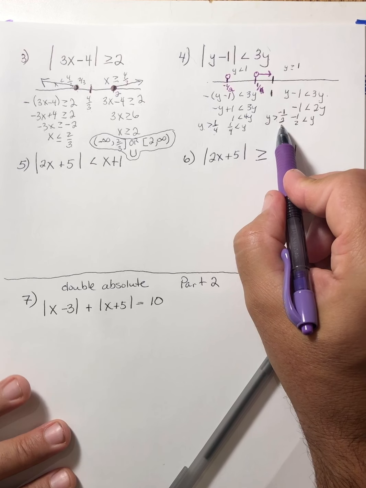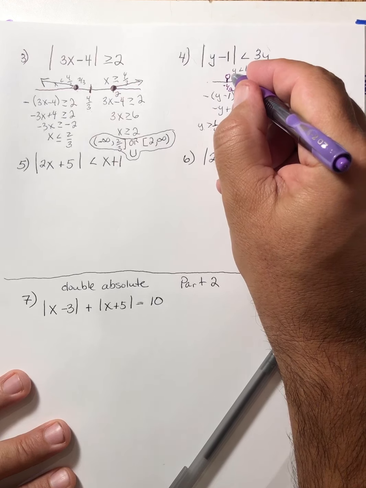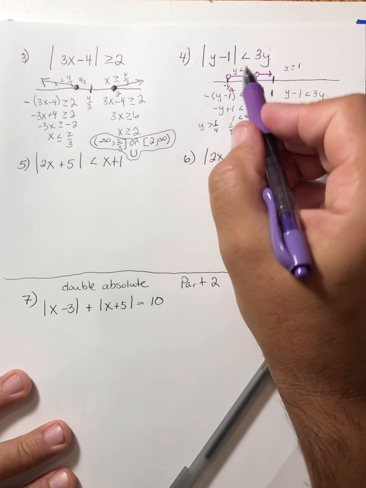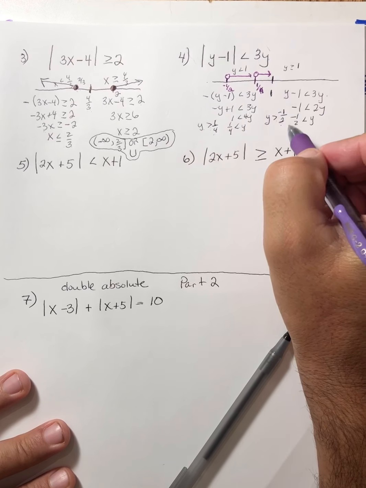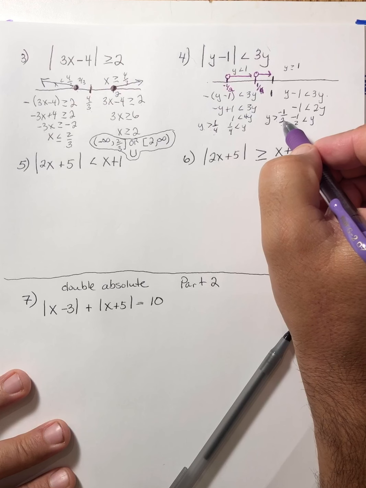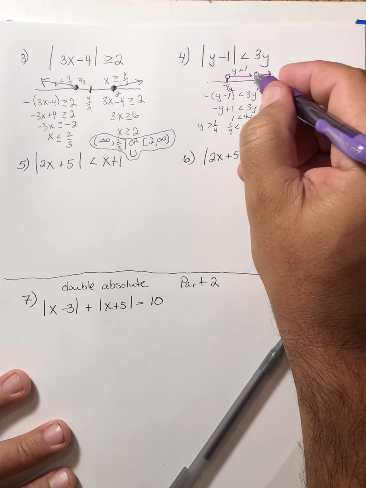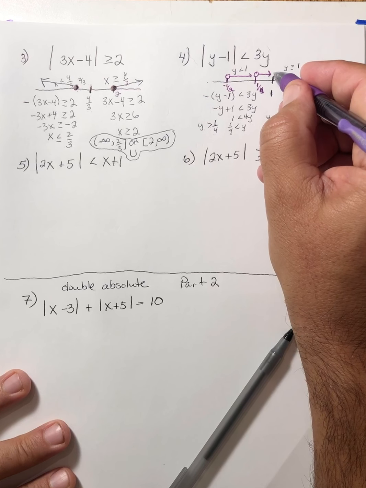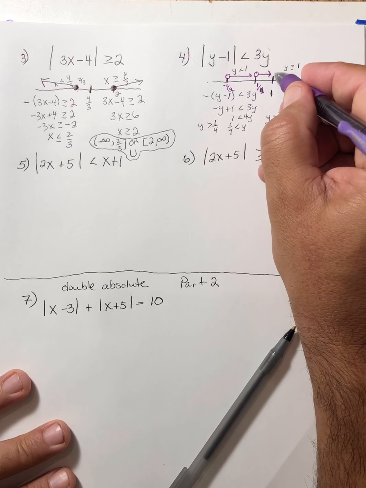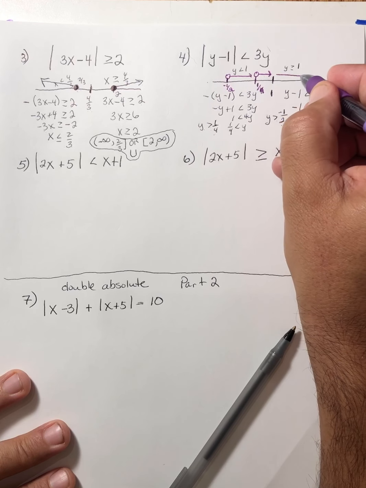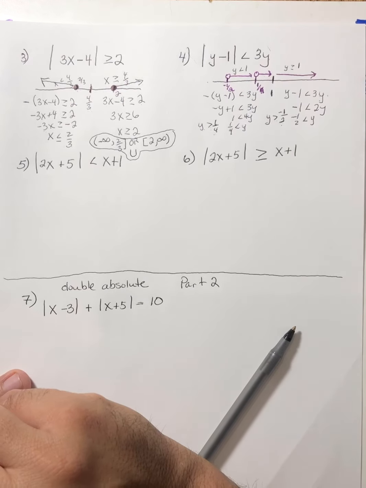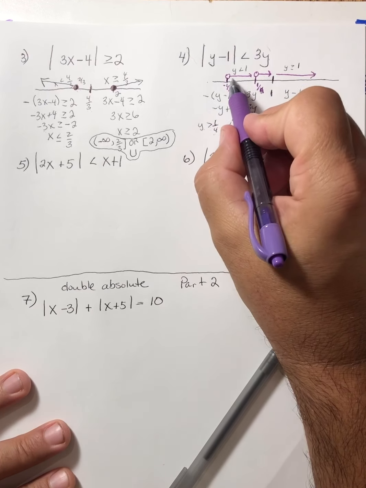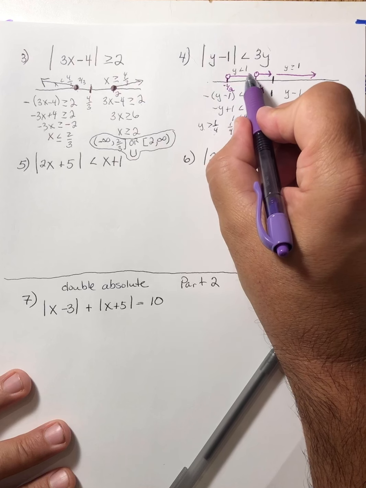What does that mean? Everything to the right is greater than negative a half. So in here it's still greater than, and I keep going to the right, I hit 1, and it keeps going. But is this part over here a solution?